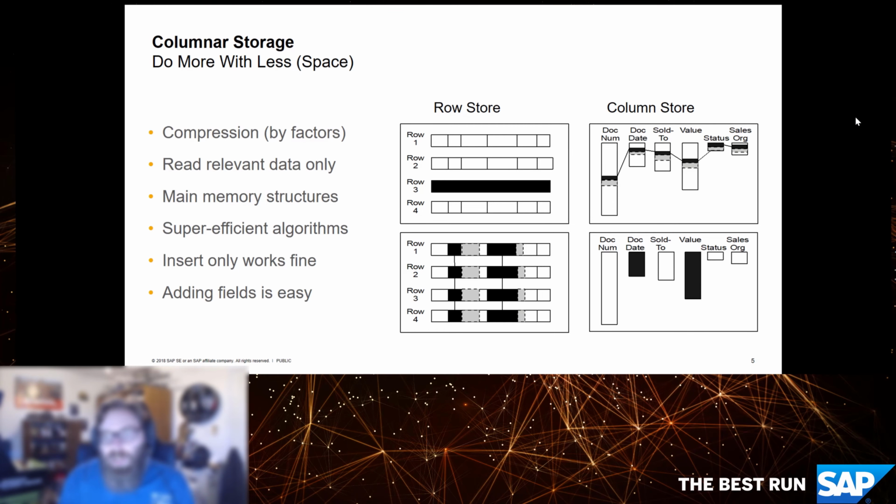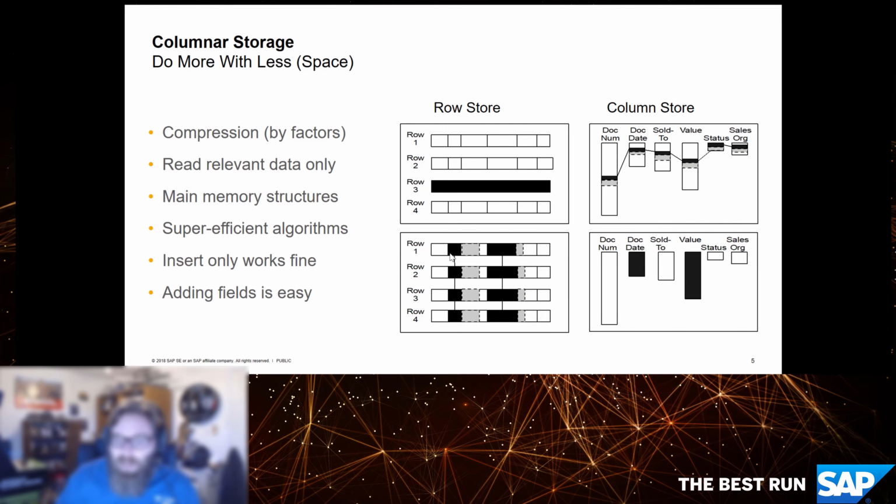And what that causes us to have to do in a row store is to skip all around and read data from this chunk, then this chunk, and that's what you see in this bottom diagram in the row store. We're having to jump all around and scan across a column, but that causes us to move all over disk, or even when this data is stored in memory, have to hop all around memory.